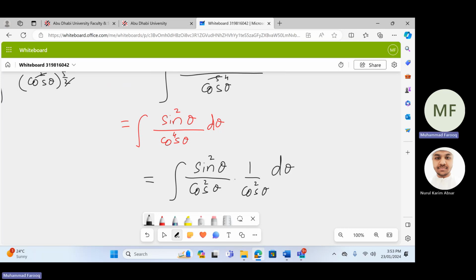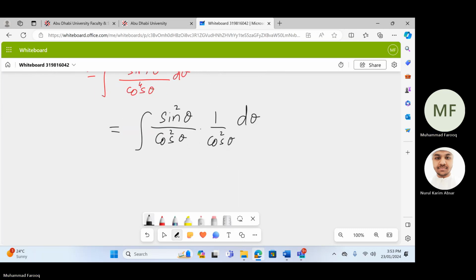Can I break power 4 like that? Yes. Now, what is sine over cosine? Tangent. So it is tan squared. So now it's basically integrate tangent square. What about 1 over cosine? Secant square.